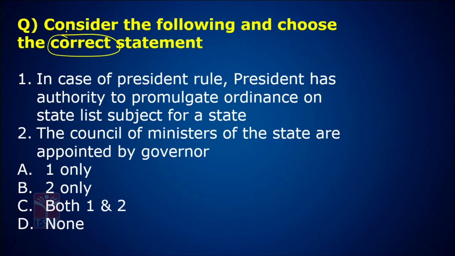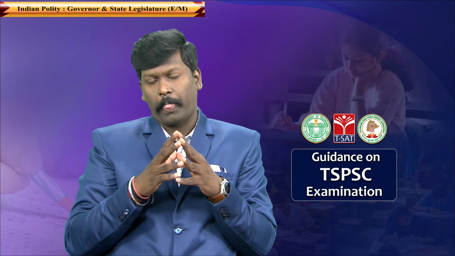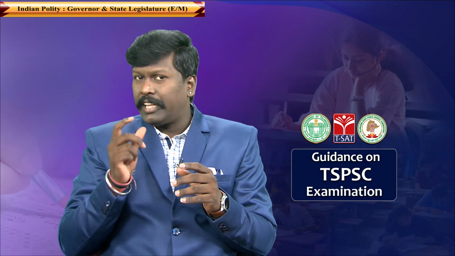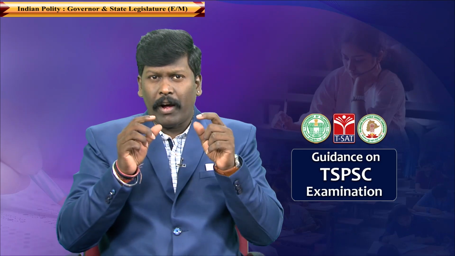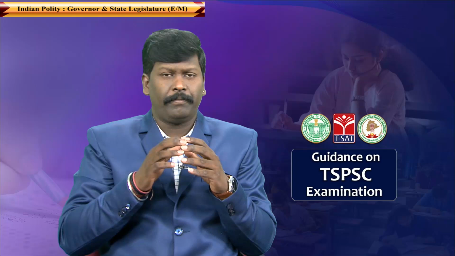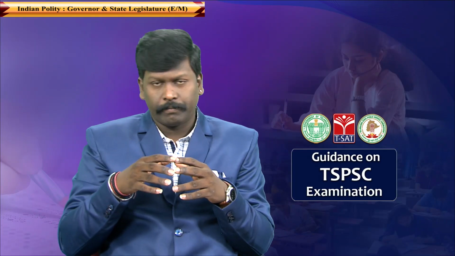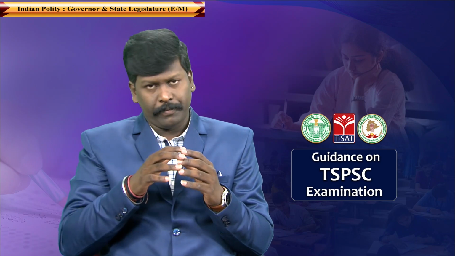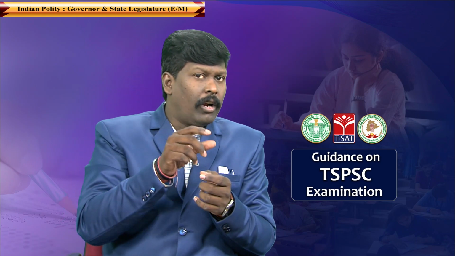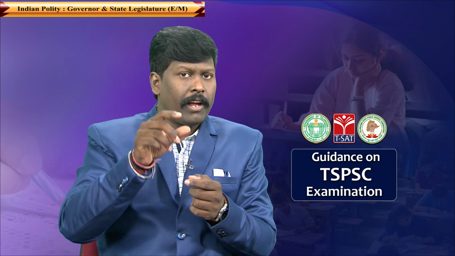Understand this very carefully. The President rule is discussed in Article 356 of the Constitution. Article 356 provides power to the President to promulgate the President rule in case of constitutional mechanism failure in the state.